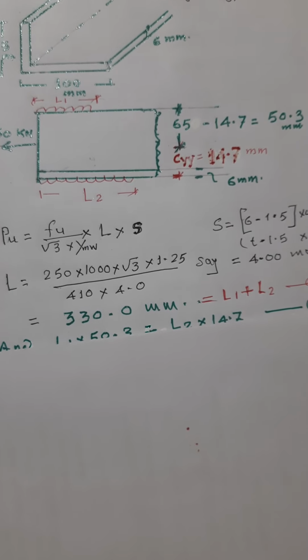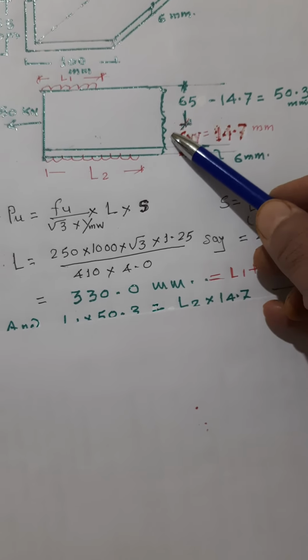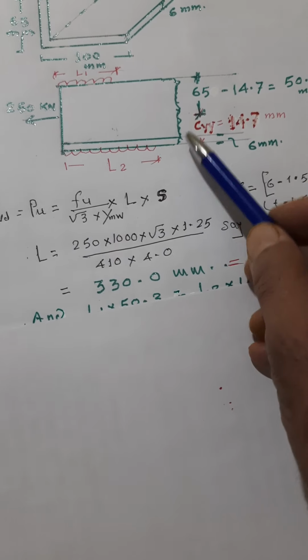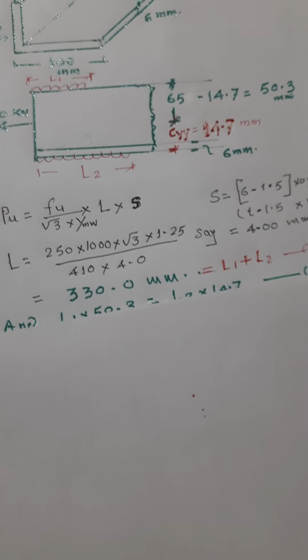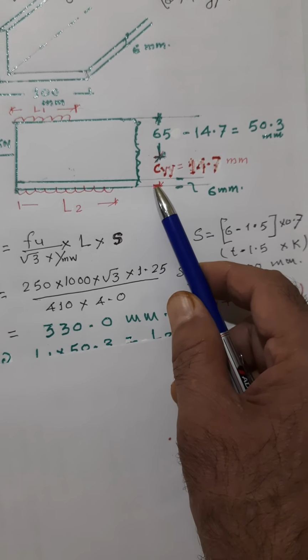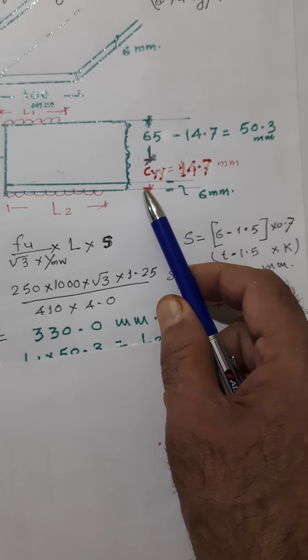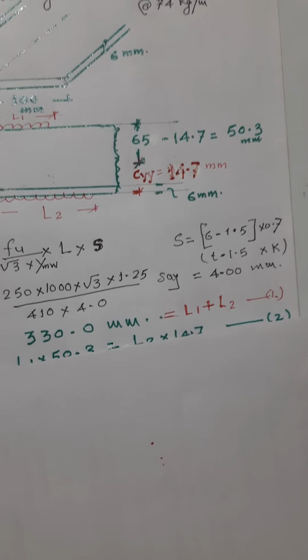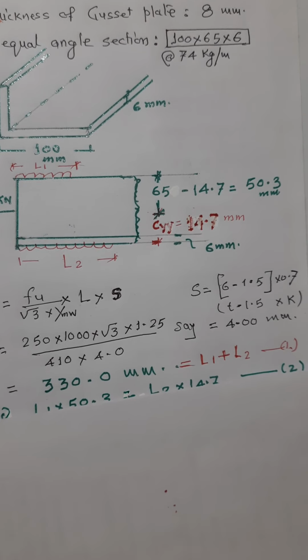That is L1 into the distance from the top, and L2 into the distance from here. Looking at the steel table, find the value of CYY from the longer side towards the shorter leg, and it comes out to be 14.7 mm.